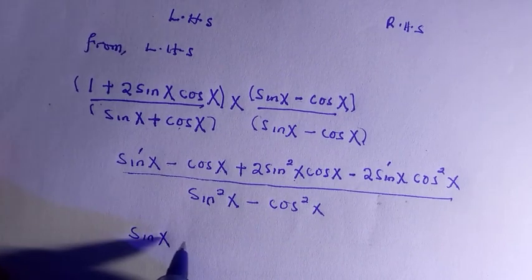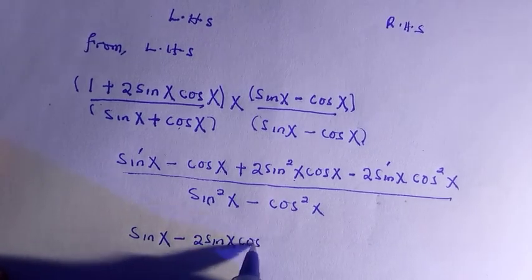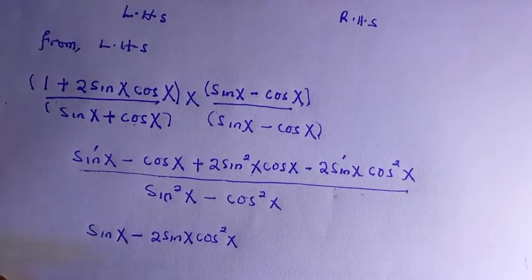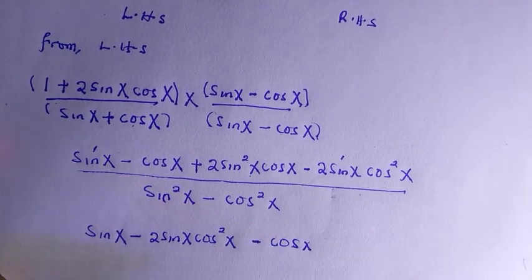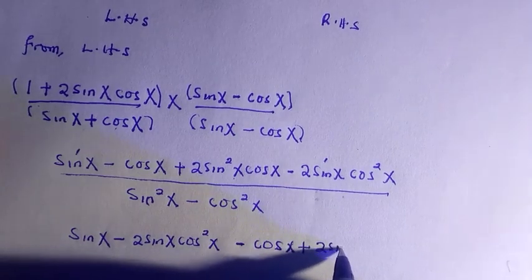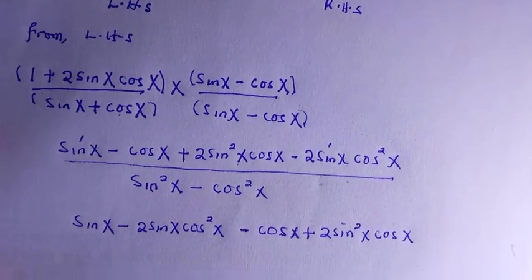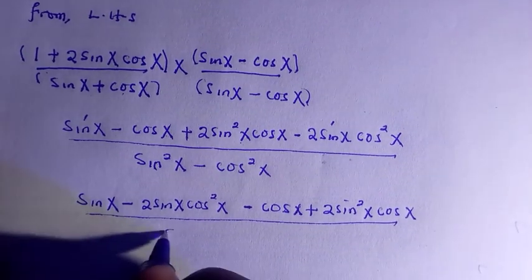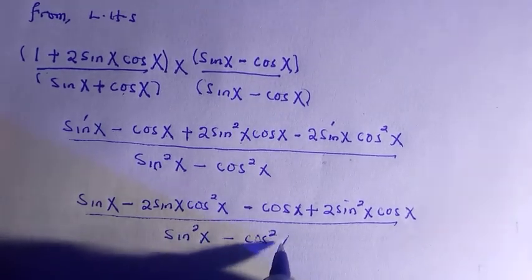So here we have sine x minus 2 sine x cos square x, and for the second one, we have negative cos x plus 2 sine square x cos x, and we divide everything by sine square x minus cos square x.